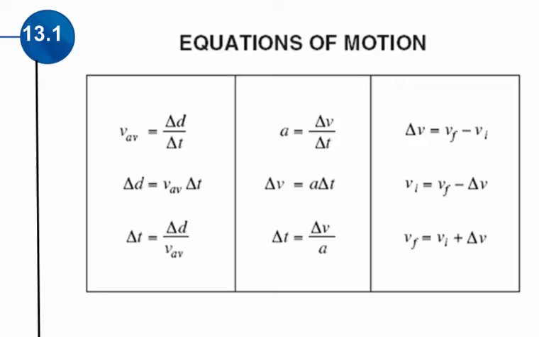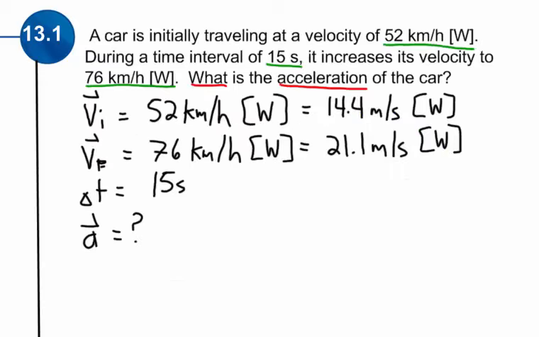Now, acceleration is change in velocity divided by time. We don't have a value for change in velocity. But we can take our change in velocity value of V final minus V initial and replace it in this equation. We do a substitution. That allows us to write an equation for acceleration as V final minus V initial all divided by delta t.